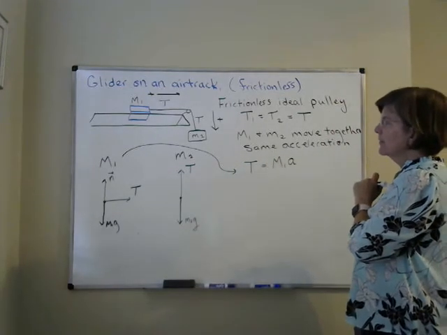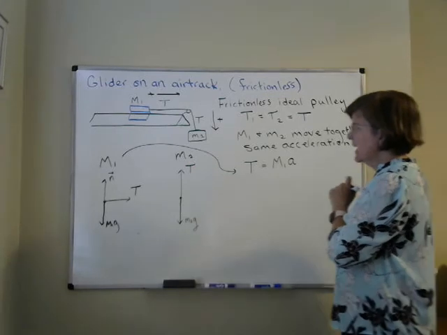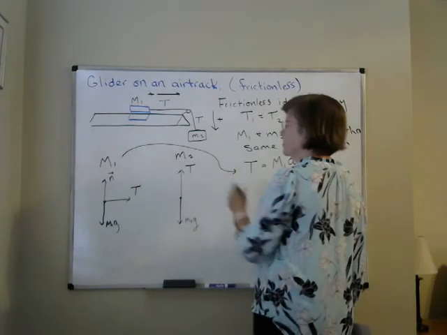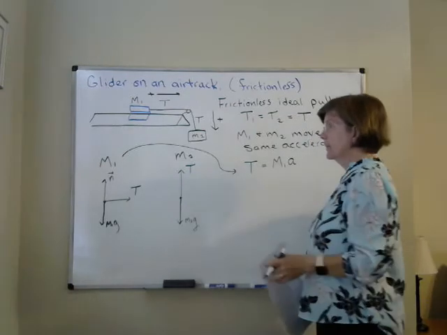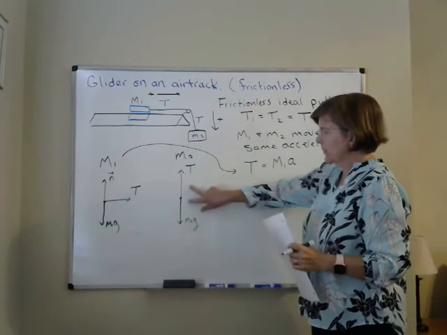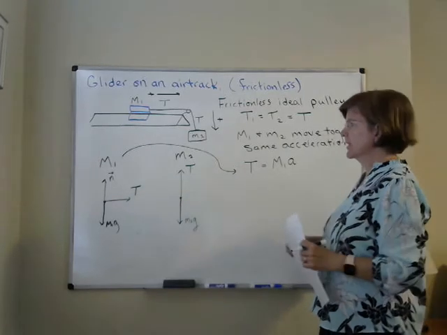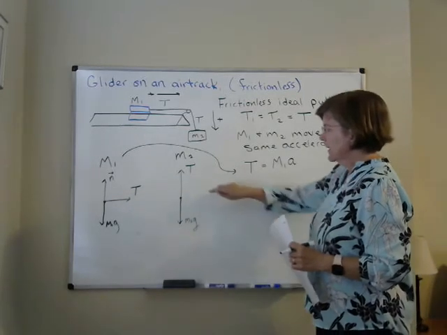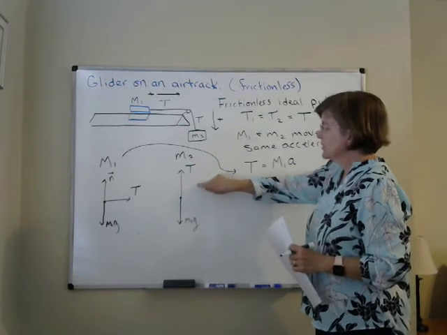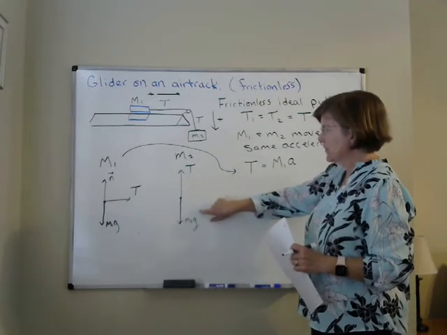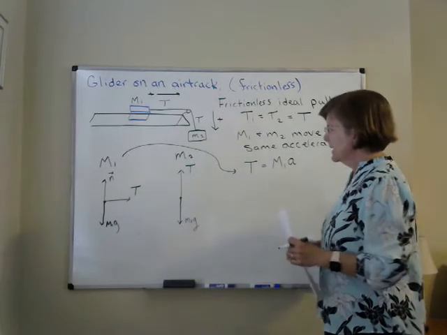Now, for mass 2, it actually has 2 forces. We don't know that these are equal. They're probably not. If these two are equal, there's no acceleration. But we've kind of been led to think this is an accelerating system. I think it is. In that case, we just need to remember that down is the positive direction and up is the negative direction.